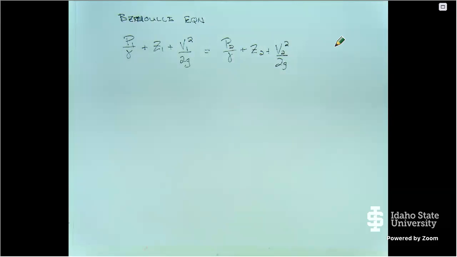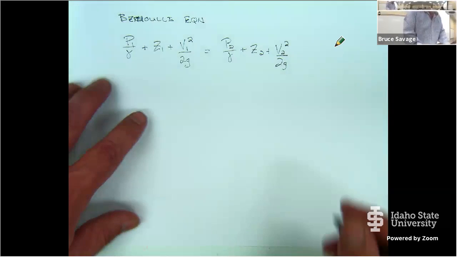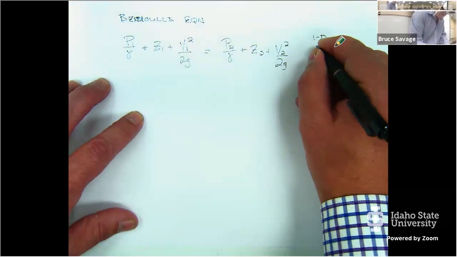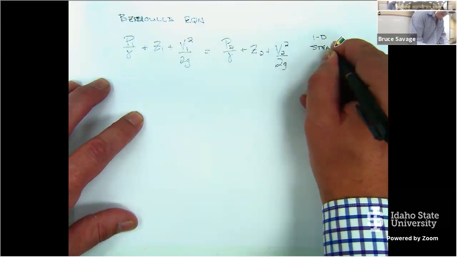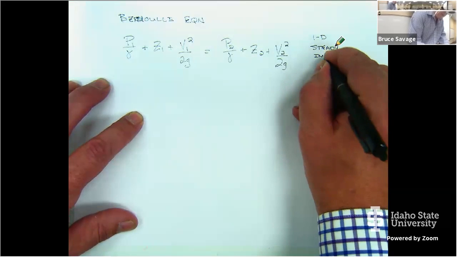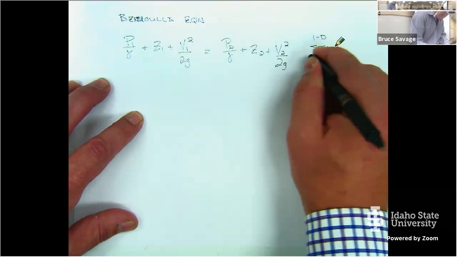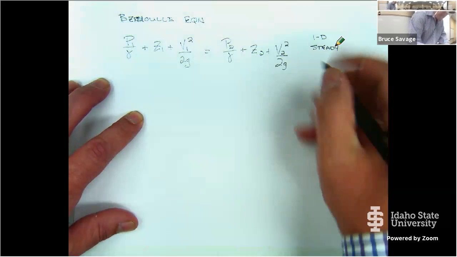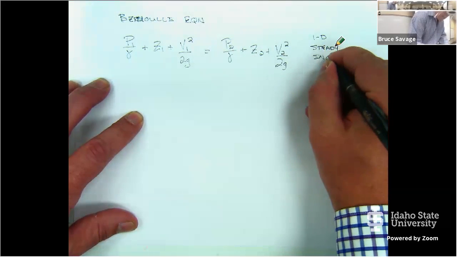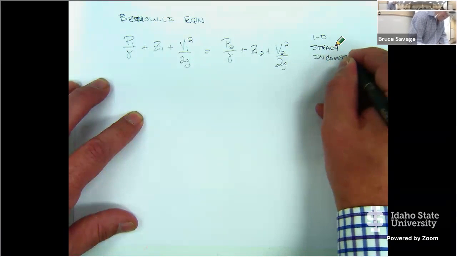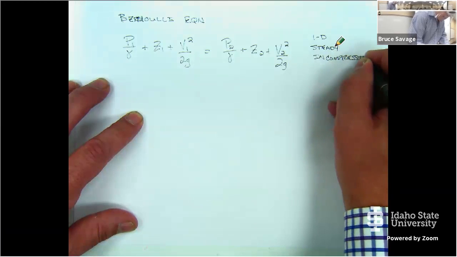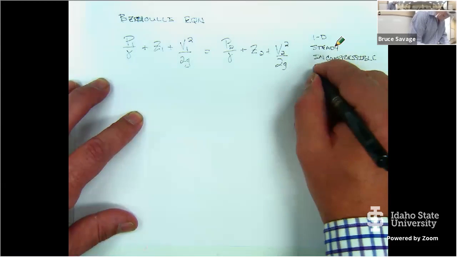Okay, thank you. All right, so Bernoulli equation makes the assumption that the flow is 1D, steady, incompressible, and inviscid.